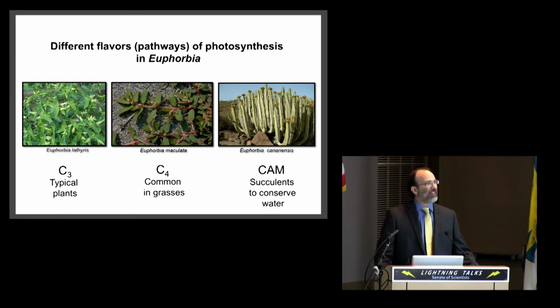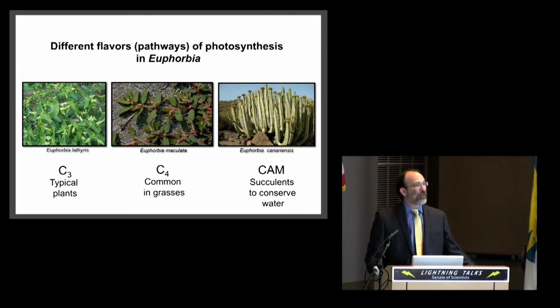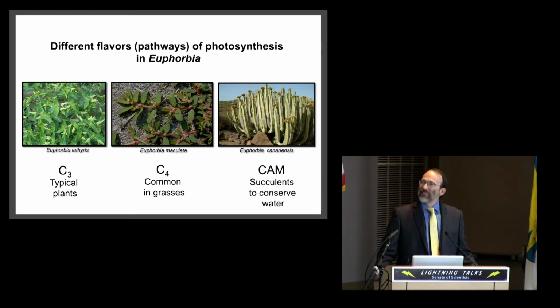And Euphorbia does several different flavors of photosynthesis. Photosynthesis biology is messy, and photosynthesis comes in different forms that you may not have heard of. These forms have different efficiencies for different environments, so they are adaptive. For instance, C4 photosynthesis is common in high light situations such as grasslands. And CAM photosynthesis occurs in succulents because it allows water to be conserved.